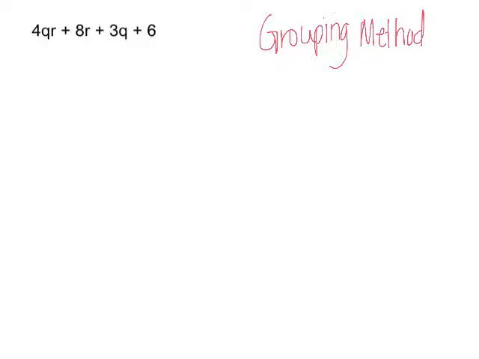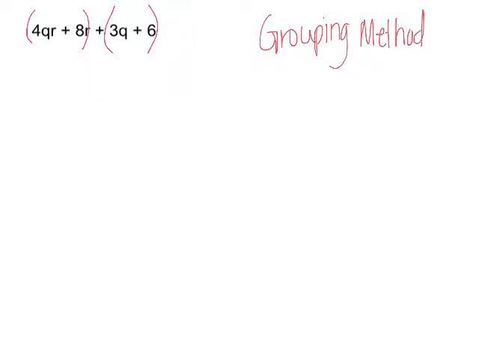So if I take a look at the 4qr plus 8r plus 3q plus 6, I see that 4qr plus 8r have a greatest common factor of 4r, and I see that the 3q plus 6 would have a greatest common factor of 3. So I can use parentheses to regroup my original polynomial.